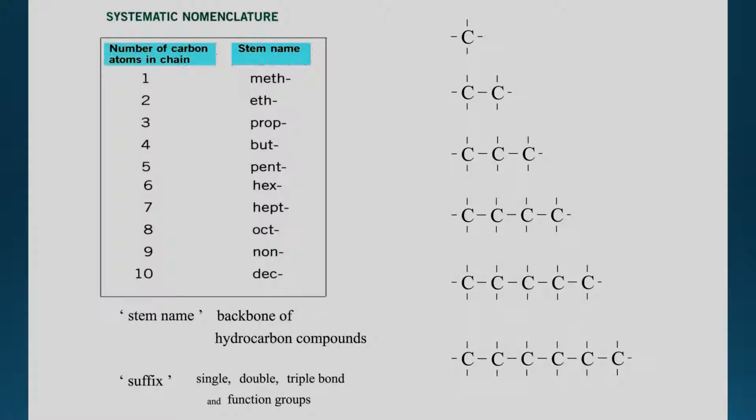And student, some of them you may already be familiar with, like 5, pen, penny. 8, oct, octopus. 10, decimal. Certain of them you know, but for the first 1, 2, 3, and 4, you might have to put some effort to learn.